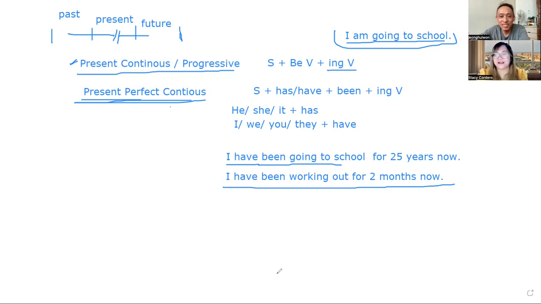Okay. So yeah, this is a really, really good sentence. See? Now let us try. Please read it for me, Mr. Zhang. The one that you just created. Can you read it for me once again? I've been working out for 2 months now. That's good.